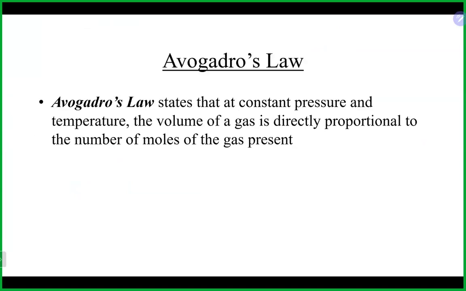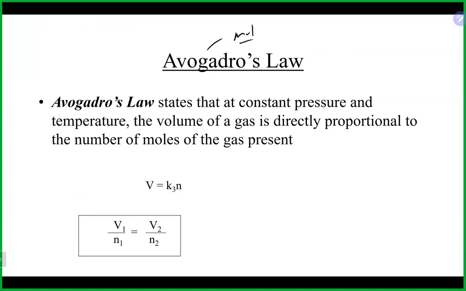Let's talk about our friend Avogadro. Avogadro had a number, but he wanted a gas law, so why not? So there's Avogadro's law. And when we think about Avogadro, we really do think about, hopefully, 1 mole equals 6.022 times 10 to the 23. So not surprisingly, his gas law involves moles, and that's what the n stands for here.